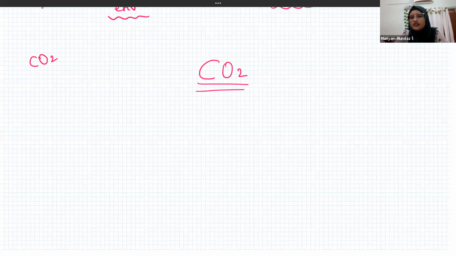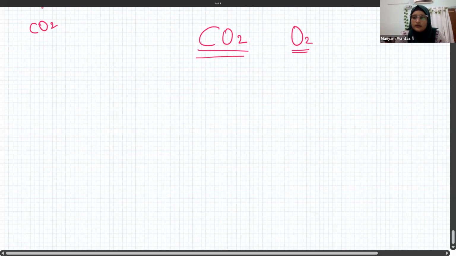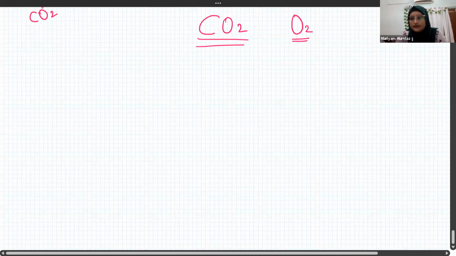Yes, it is carbon dioxide. And what is O2? Oxygen. So what is the name of the movement of these two gases? What is that process, the whole process of movement, known as? It is known as diffusion.